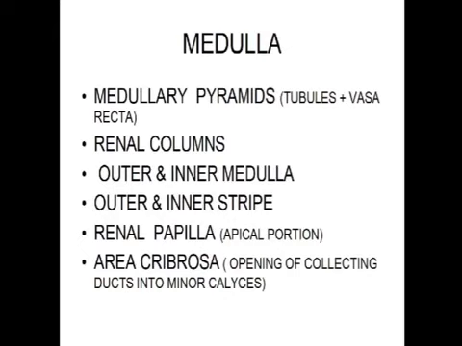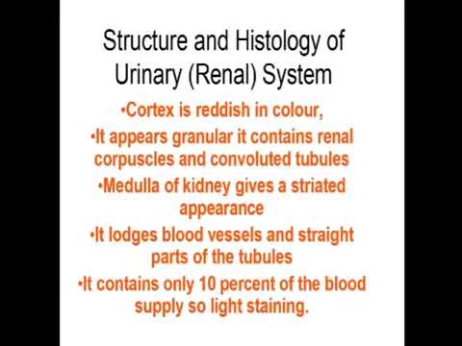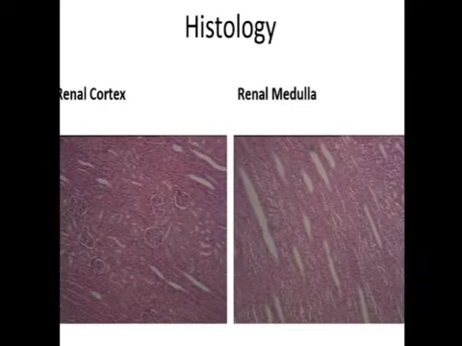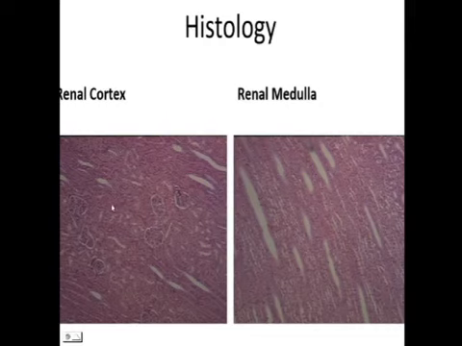Medulla consists of the medullary pyramids, and there are renal columns. So this is the renal cortex and this is the renal medulla.